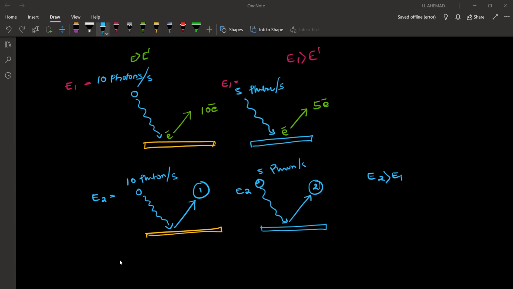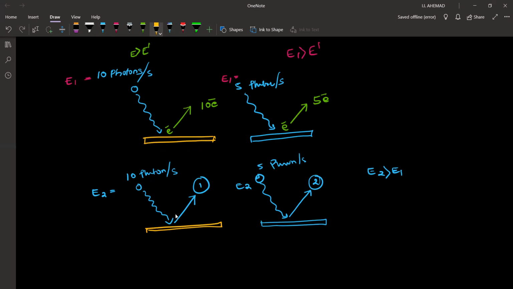How many electrons might release in the first case and in the second case? So, no idea. Okay, here 10 electrons will get released, and here 5 electrons will get released.